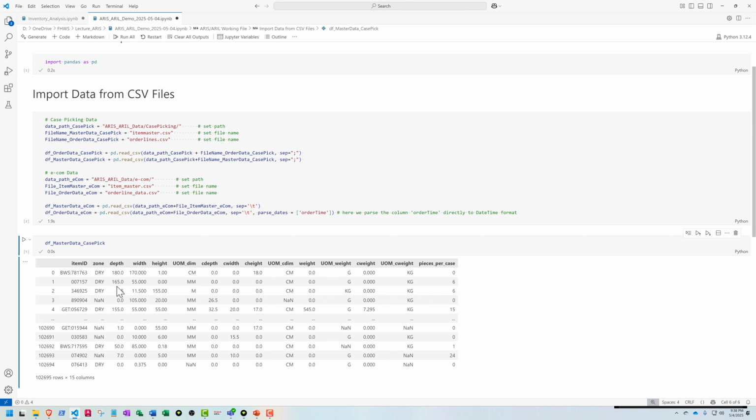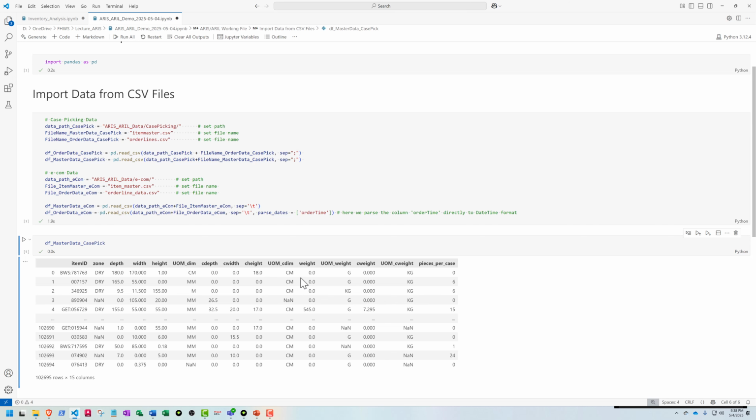Next one, 165 in depth, 55 in width, and 0 in height. That doesn't make sense. That's provided in millimeters. For the cases, we also have the unit of measurement dimensions here, centimeters for the first product, centimeters for the second product. You can also see already that a lot of dimensions for the cases are missing, which will provide a challenge for us later on.